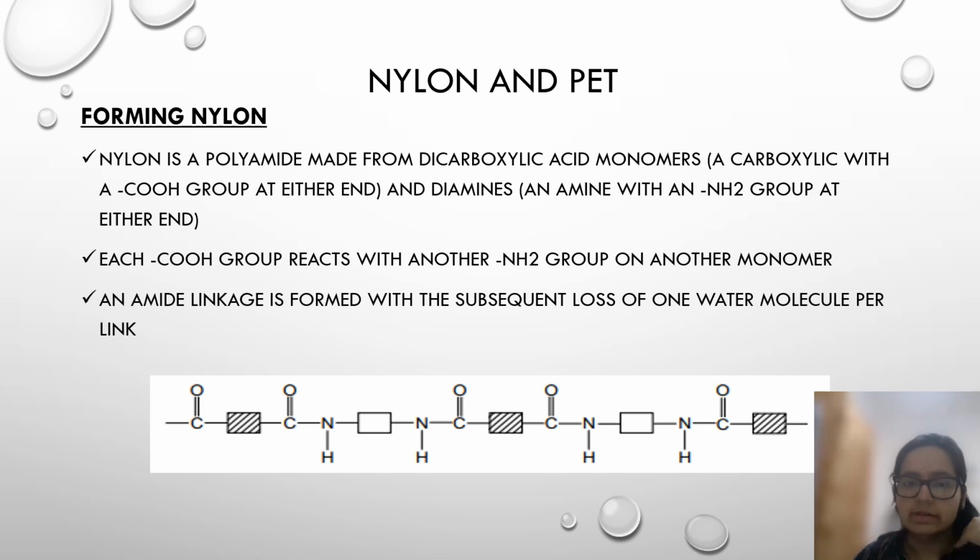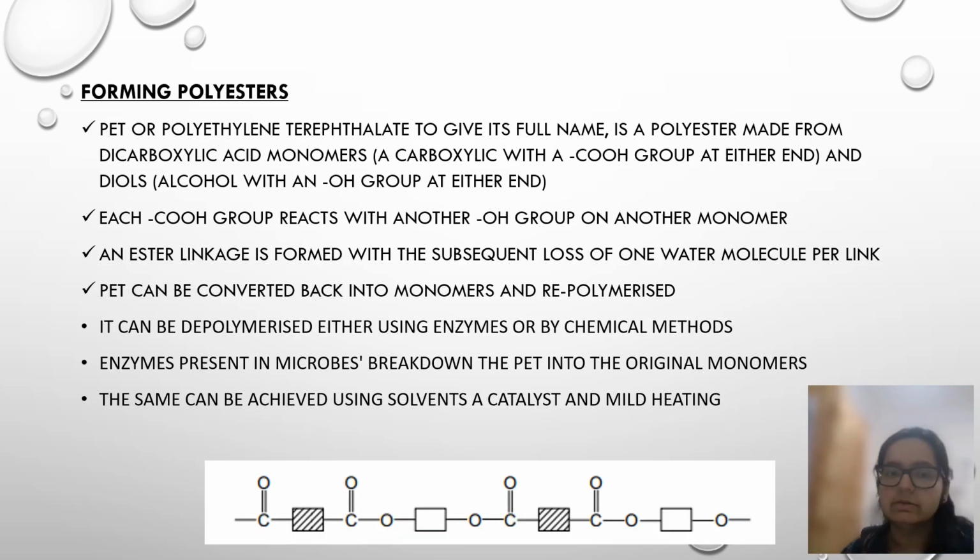Let's move on to the next, which is forming the polyesters, which is PET. The full name of PET is basically polyethylene terephthalate, which is not required for the IGCSE students. It is a polymer made from dicarboxylic acid and diol.